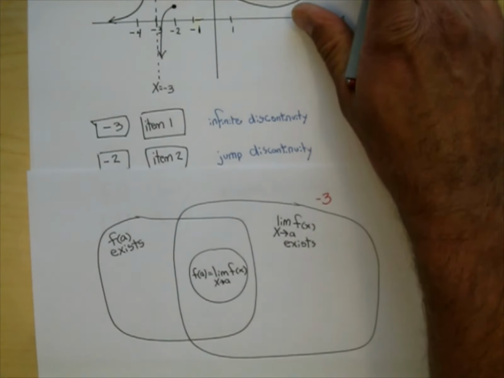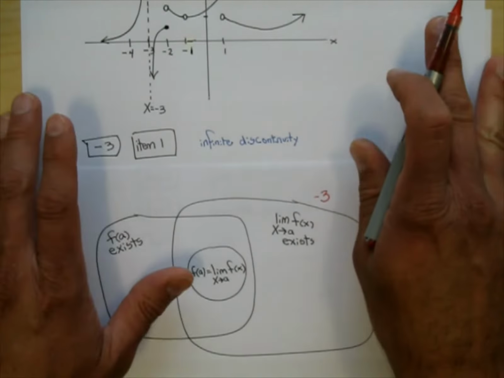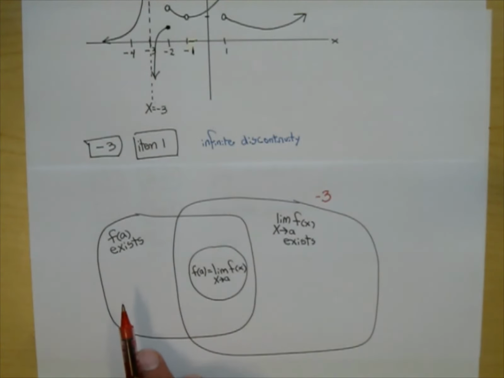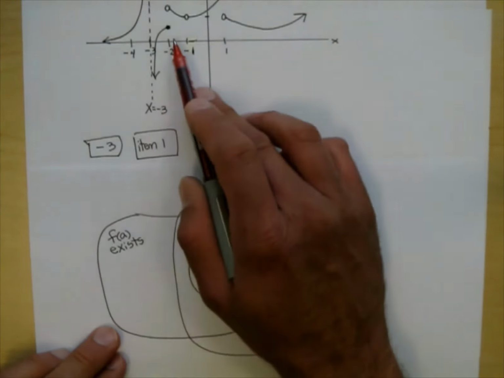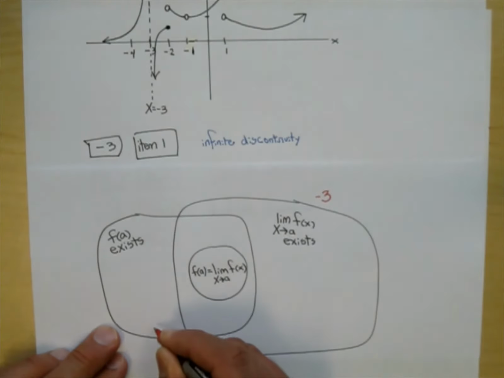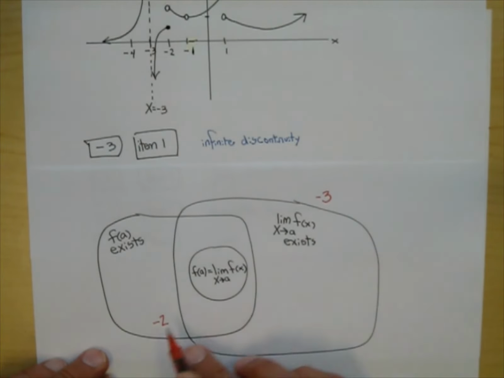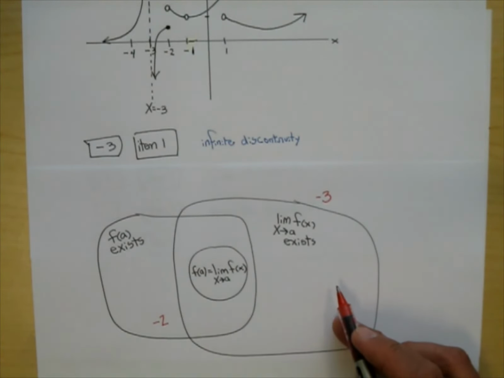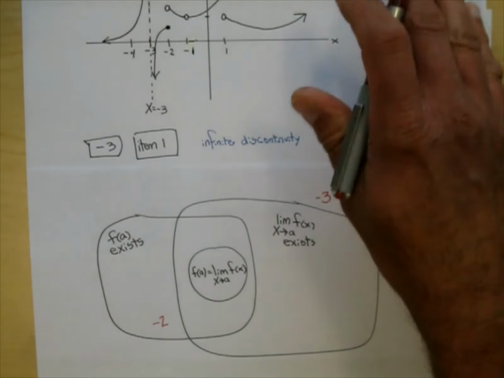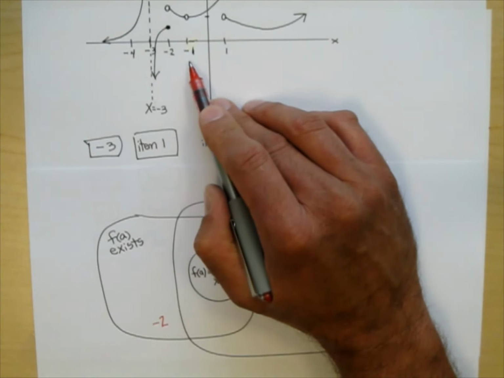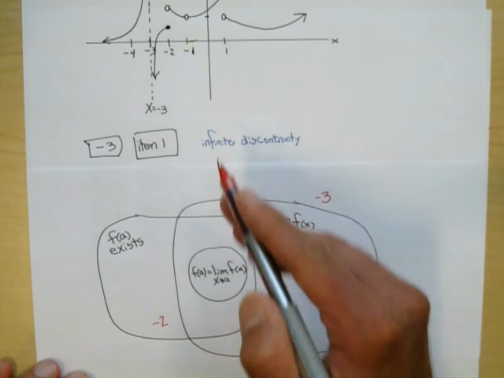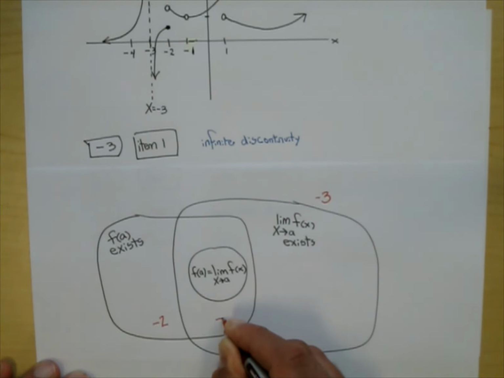The next one, where it was a jump discontinuity, which happened to be right here, f of a did exist, but the limit didn't exist at negative 2. So negative 2 belongs here. Now some of you are going to like this and some of you, this is going to drive you crazy. So if it drives you crazy, just skip ahead to the next part of the video. When we had f of negative 1 existing and the limit at negative 1 existing, you actually had this discontinuity being right here.